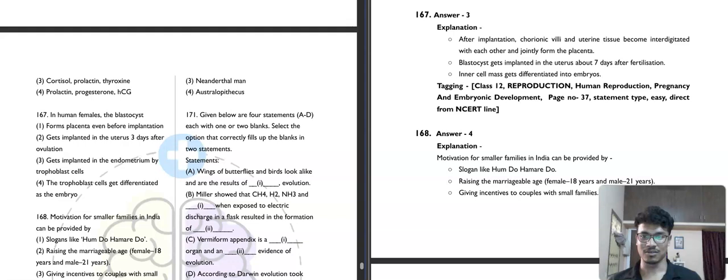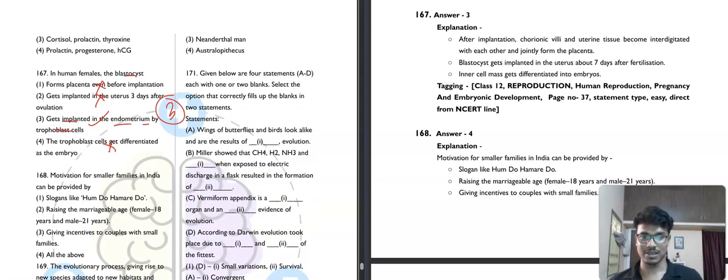Is this correct? No. In human females, the blastocyst basically gets implanted in the endometrium by trophoblast cells. First it will get implanted, then the trophoblast cells. It is also not correct. So the third option is our correct answer.